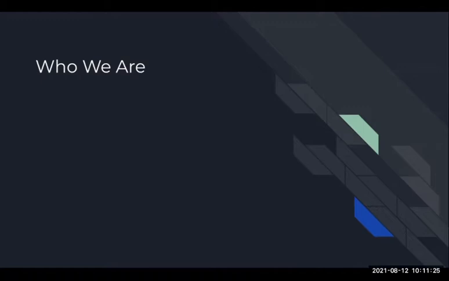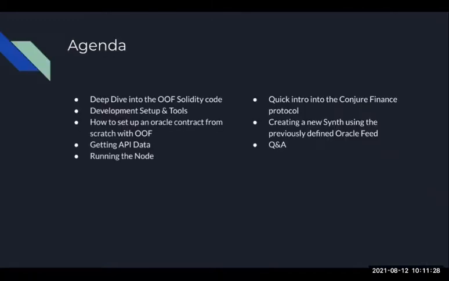So what is on today's agenda? First off, we'll give a quick overview of what our product and our protocol are all about. Also, I want to give an overview of our Open Oracle framework, which can bring a lot of new data feeds on-chain. We'll show you our development setup and which tools we are using to develop our contracts, to test them, and also to get them into production.